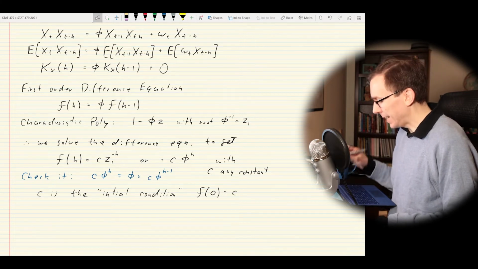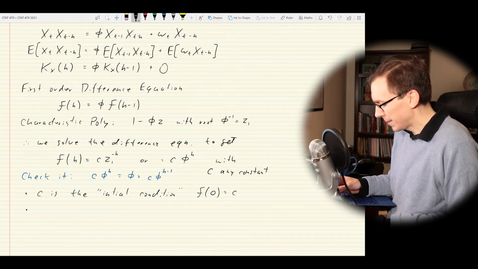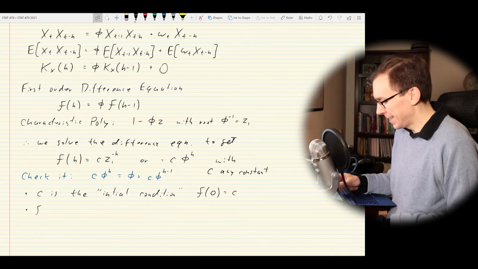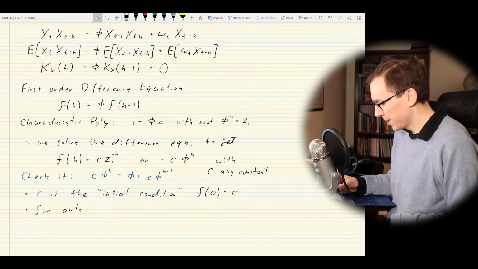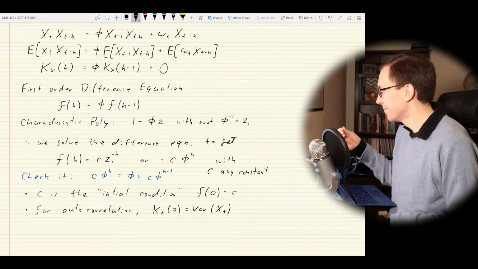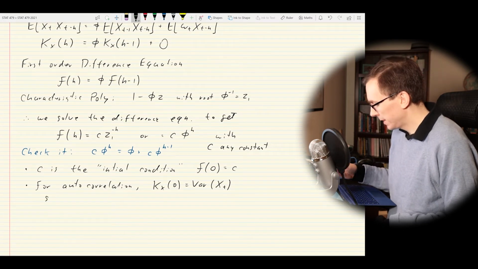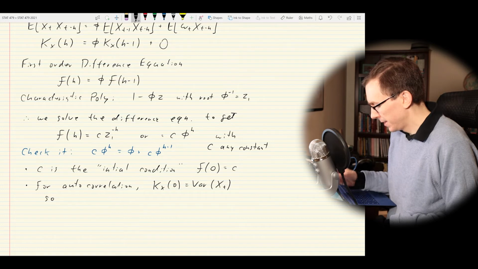In our specific case, this is what I was mumbling about maybe 30 seconds ago. For autocovariance, we have that gamma_x at 0 is just the variance of x_t for any t.